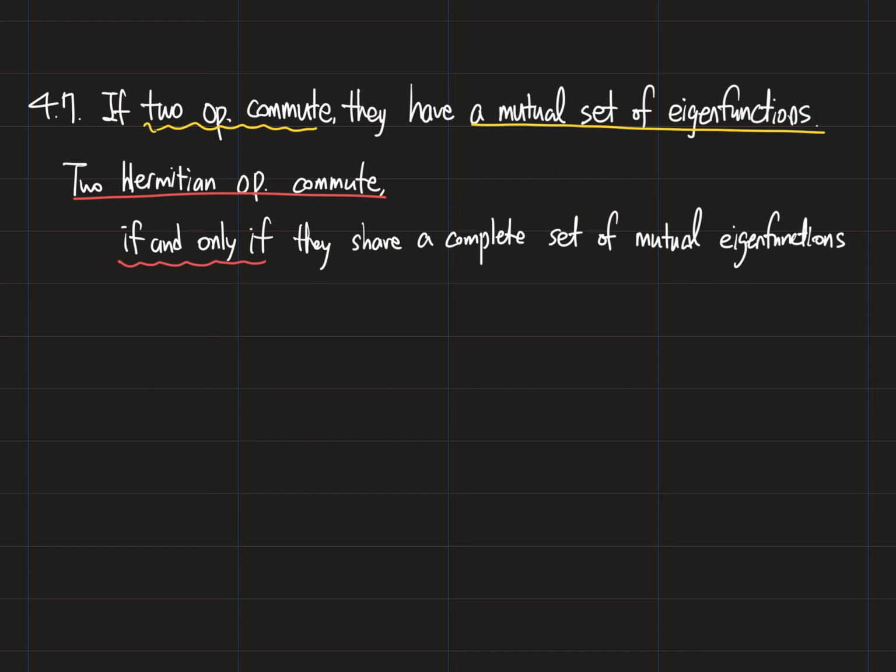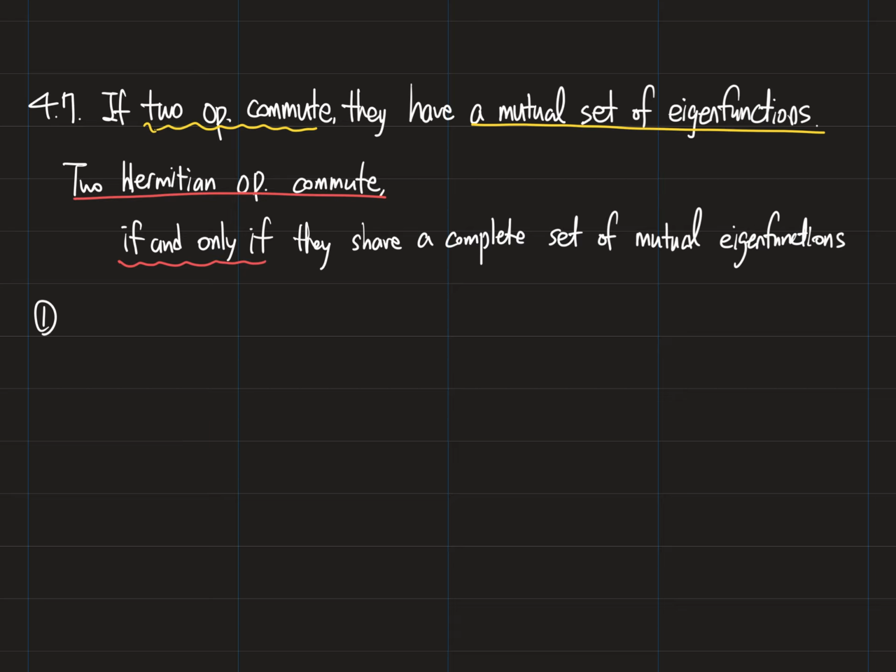And the other way is, if two operators share a complete set of mutual eigenfunctions, we have to examine that the two Hermitian operators commute with each other. So we have to examine two statements.